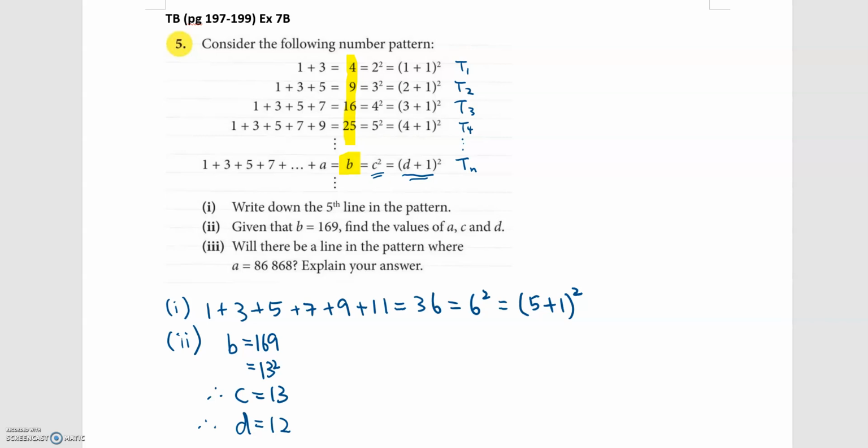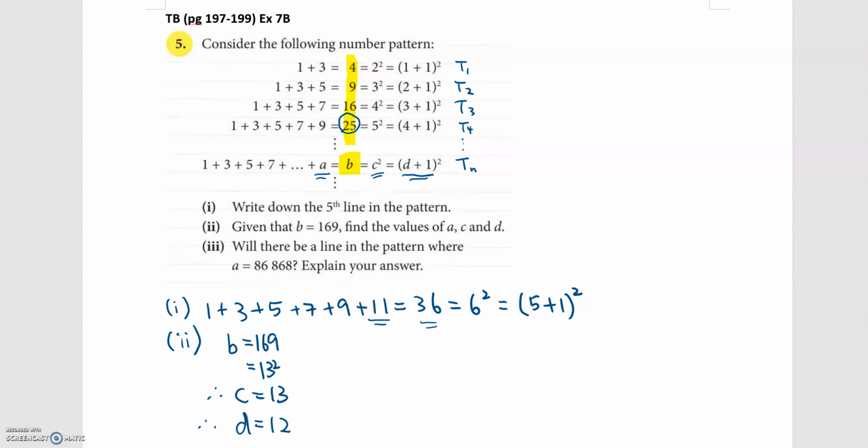So how is A related to B? Now just now as I was doing the fifth line, remember how I get this number 11? I actually made use of 25 to add 11 to give me 36. And 25 is actually a perfect square that is 1 less.